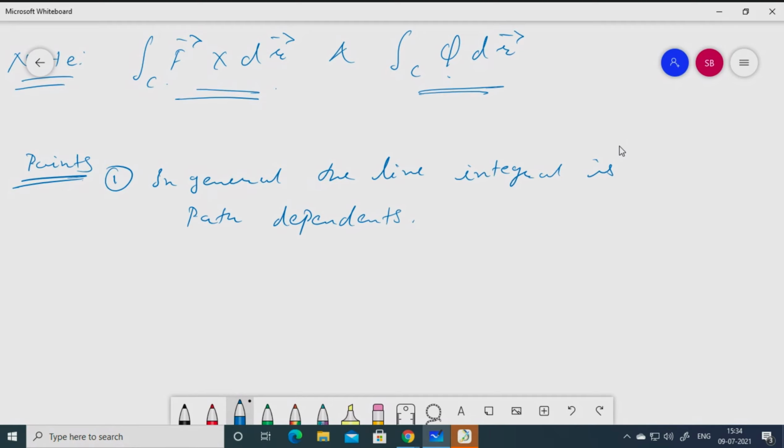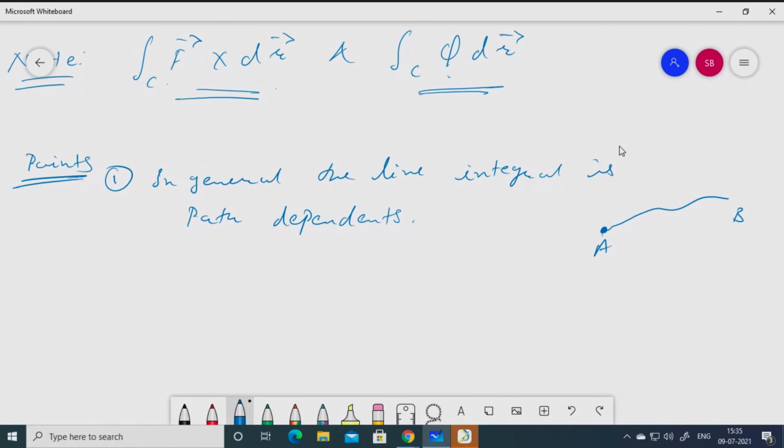Why? Actually, what you are calculating is the line integral of some vector point function over a curve from a point A to a point B. So from point A to point B, some curve is given. What are you actually calculating? f bar dot dr bar, I have written. Is it or not?